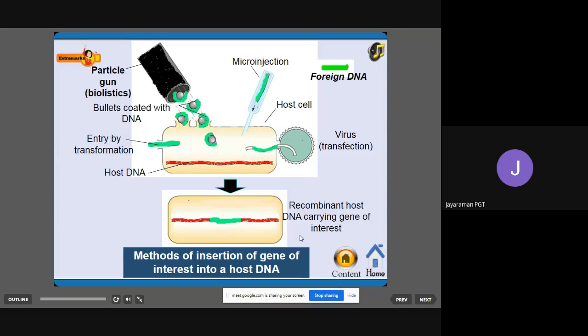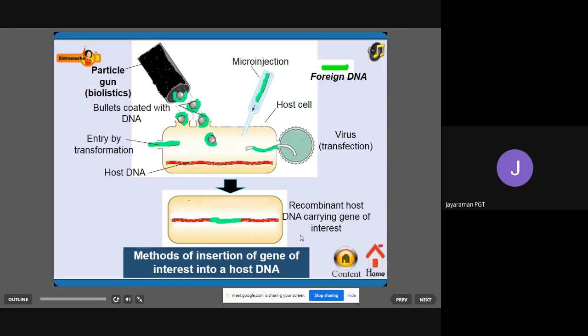We discussed the LacZ gene. The beta-galactosidase enzyme will not be produced, so it will not give blue color, only white color. That is known as the blue and white method. So this identifies the recombinant host, the one that has actually taken up the recombinant DNA.